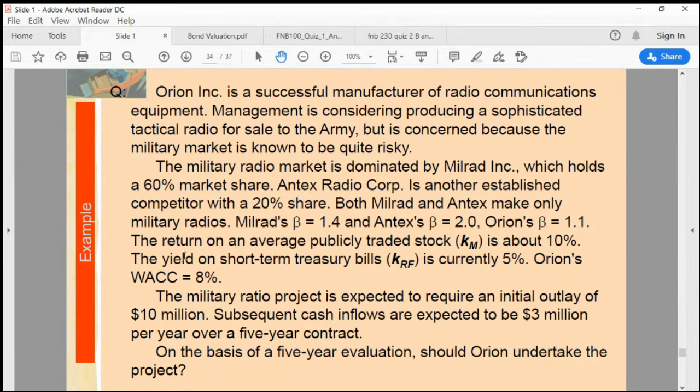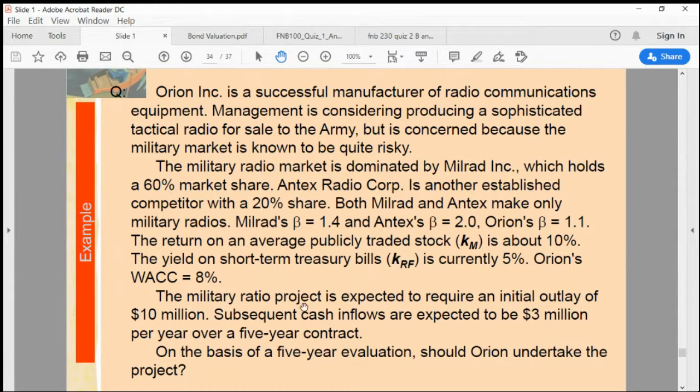You understand? The return on the average publicly traded stock, so the market return, is about 10%. The yield on short-term treasury, the risk-free return, is currently 5%. Orion's weighted average cost of capital is currently 8%.